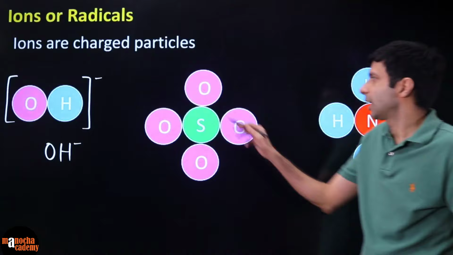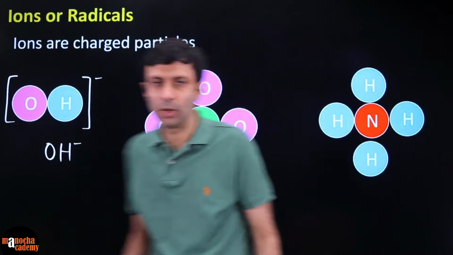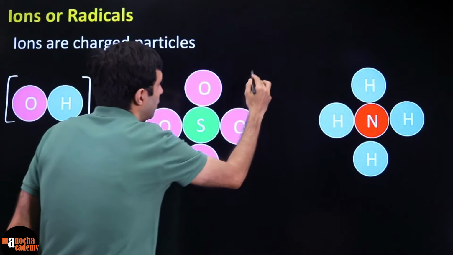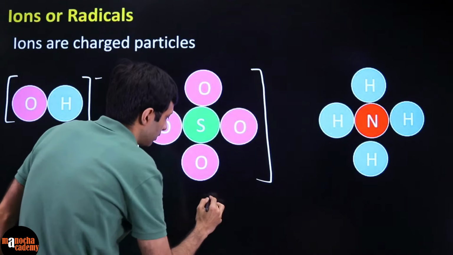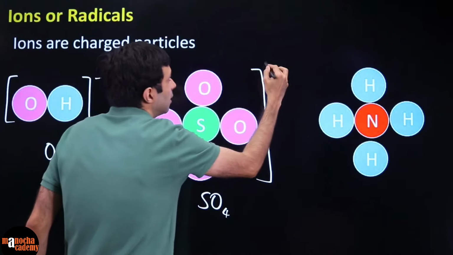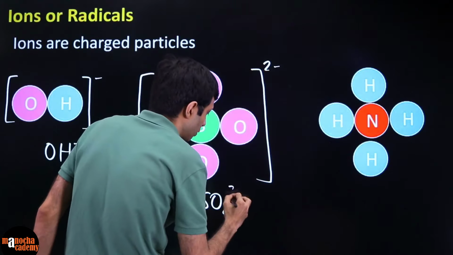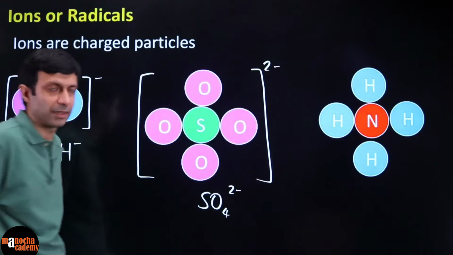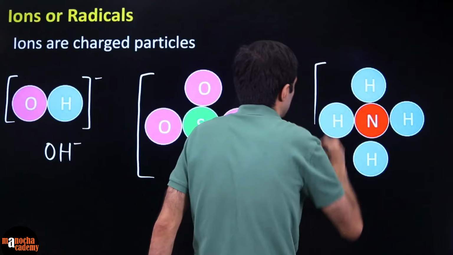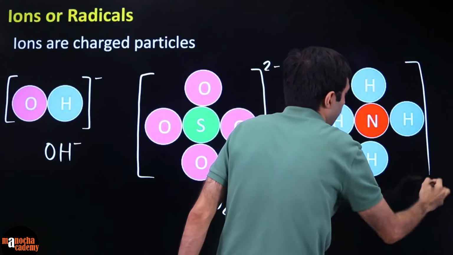What do you see here? Sulfur and 4 oxygens. As you will read in chemistry, this whole thing together forms something called sulfate, and this entire combination has a total charge of 2-, or a valency of 2-. So that is sulfate. Again, here you have nitrogen and 4 hydrogens.